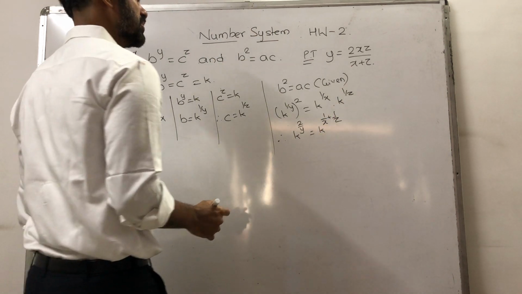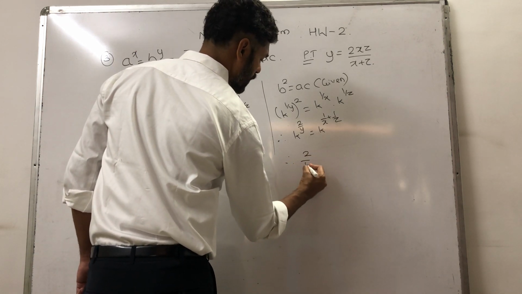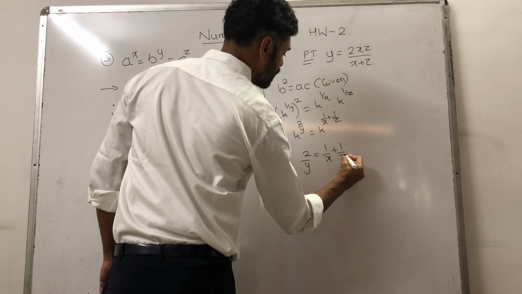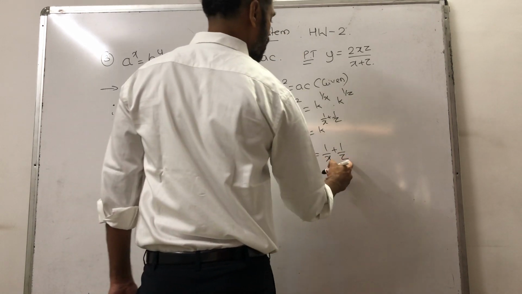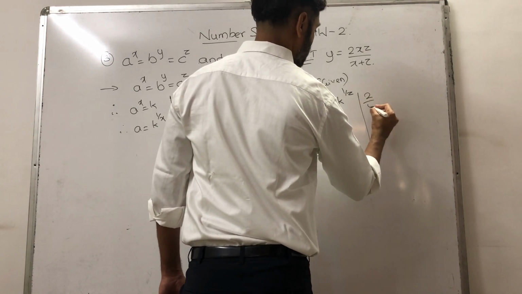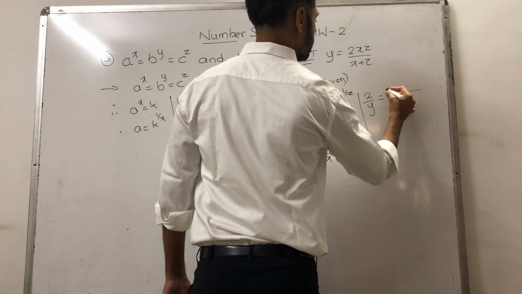What do you notice? You notice that they have the same base, so you can equate the power. So 2 by y equals 1 by x plus 1 by z. What is the LCM of x and z? The LCM of x and z is xz, right? You have x, so what will come to the numerator? z.